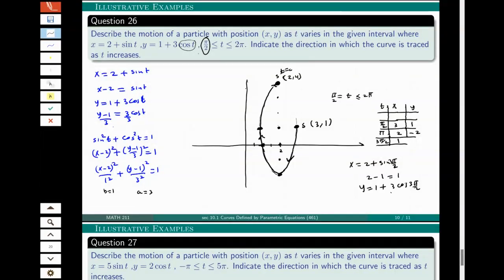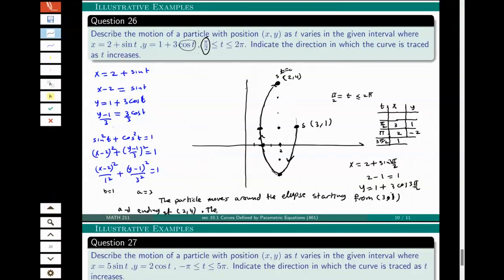So we describe the motion like this. The particle moves around the ellipse, starting from the point 3, 1, and ending at 2 and 4.